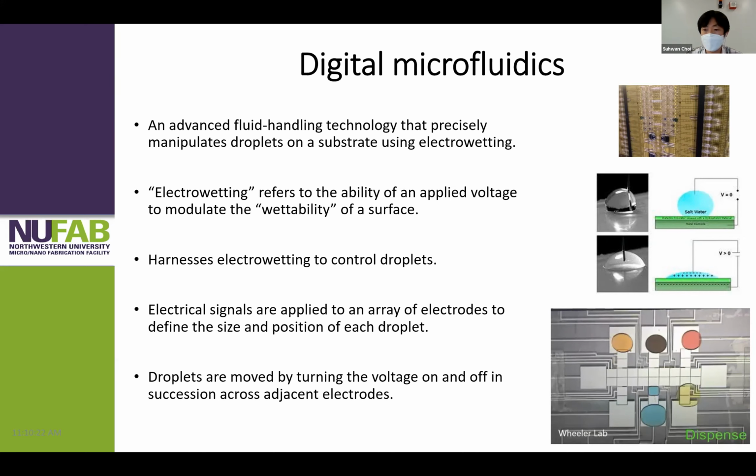When we see the video, the smaller and larger squares are the individual electrodes. There is an array of electrodes, so we can define the size and position. The droplet moves by turning the voltage on and off in adjacent electrodes, so we can do dispensing, transport, merging, mixing, and that kind of sequence.